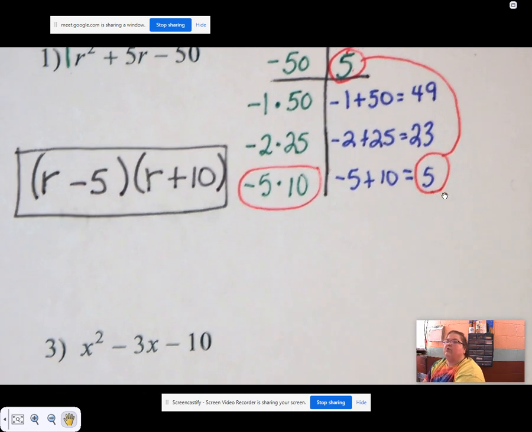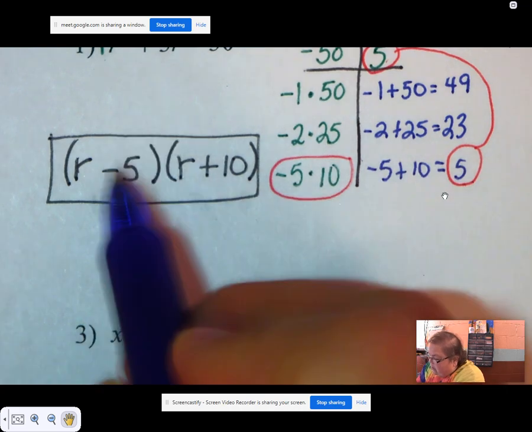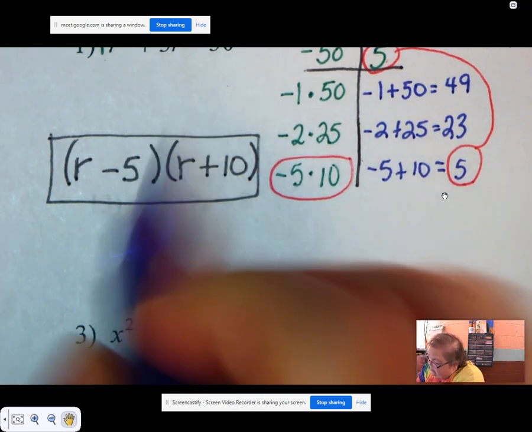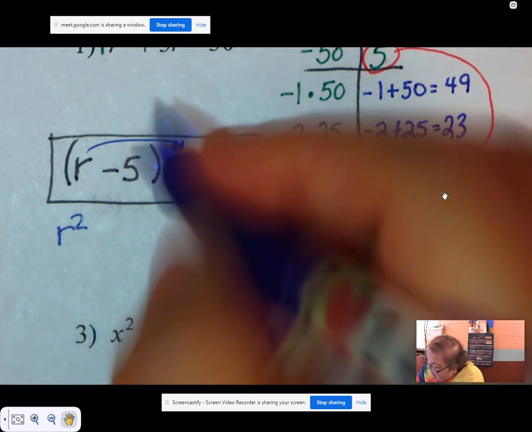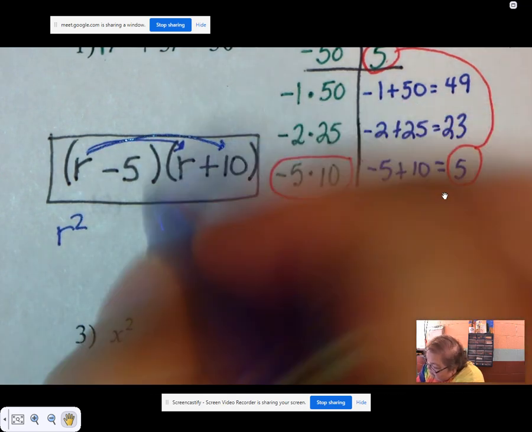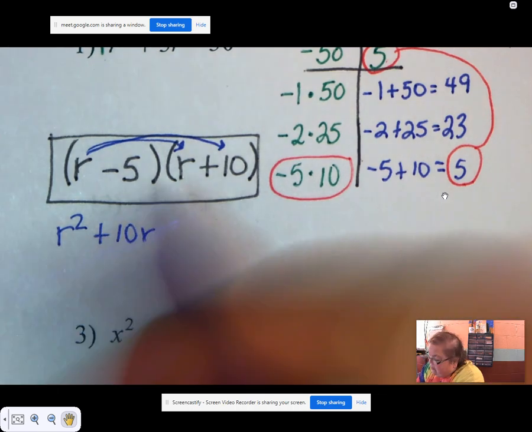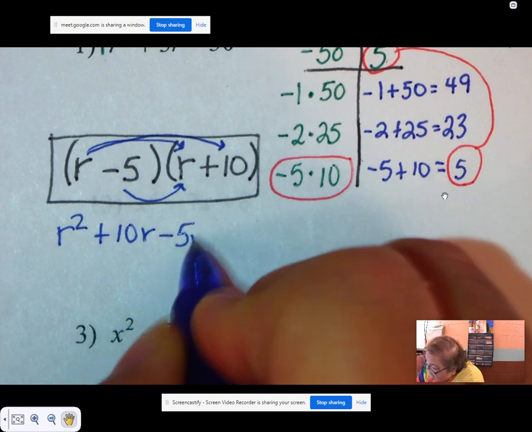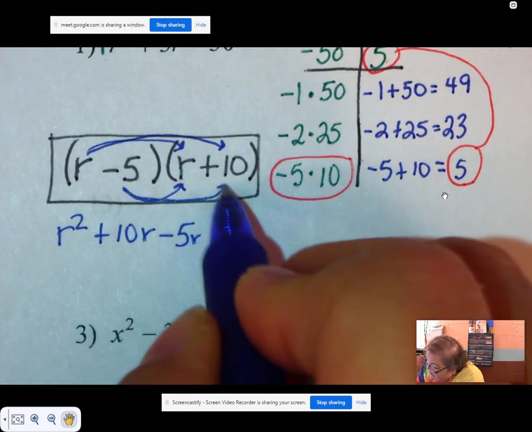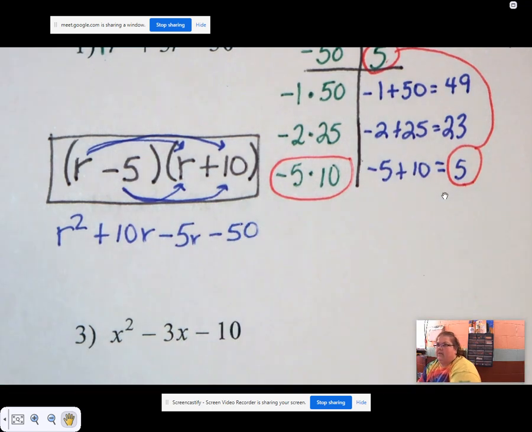Now, we're going to check it. And in order to check it, we distribute. Here we go. What is R times R? R squared. What is R times 10? Positive 10R. What is negative 5 times R? Negative 5R. What is negative 5 times 10? Okay.